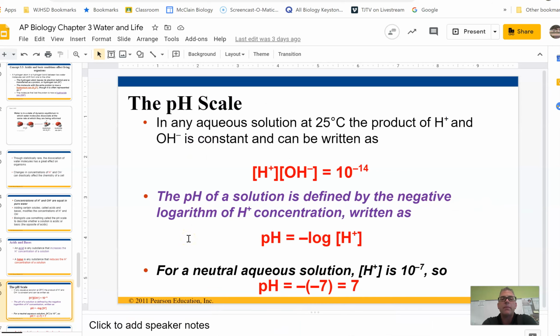Now, the math behind this. When we're talking about the number of hydronium ions or hydroxide ions, we're talking about things that are extremely, extremely small over a large quantity of substance. So what they did is they used a representation in terms of the logarithmic scale.